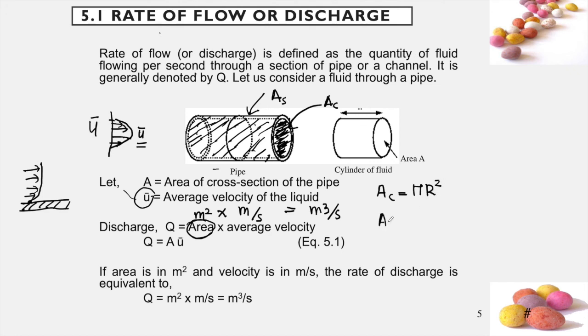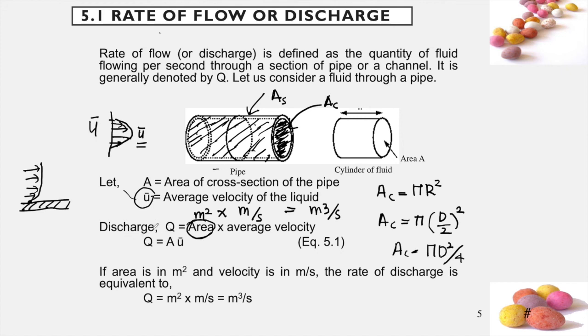Or you can use another equation with diameter instead of radius, so we don't have to convert diameter to radius, which would require dividing the diameter by 2 and squaring. So A_C is equal to pi d squared over 4. This is the area you need to calculate to substitute into the discharge equation.